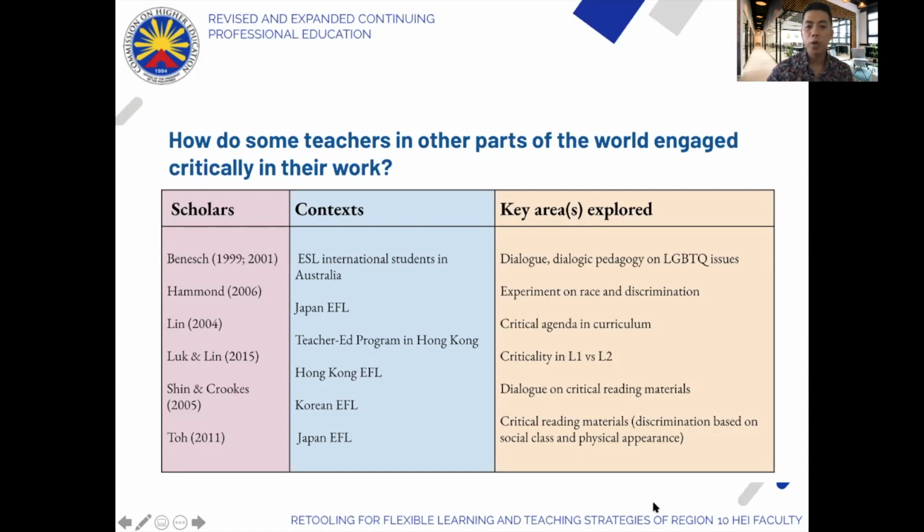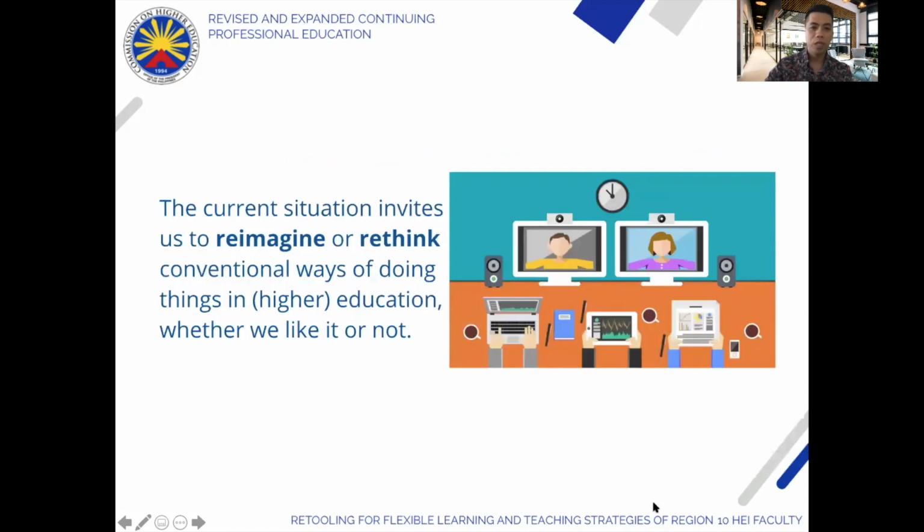Hammond also explored race and discrimination in her context. Lin also explored a teacher education program in Hong Kong by adding a critical agenda in the curriculum. And Luke and Lin explored criticality in L1 and L2. They found out that students tend to be more critical in their discussion when they're doing it in their first language, right?